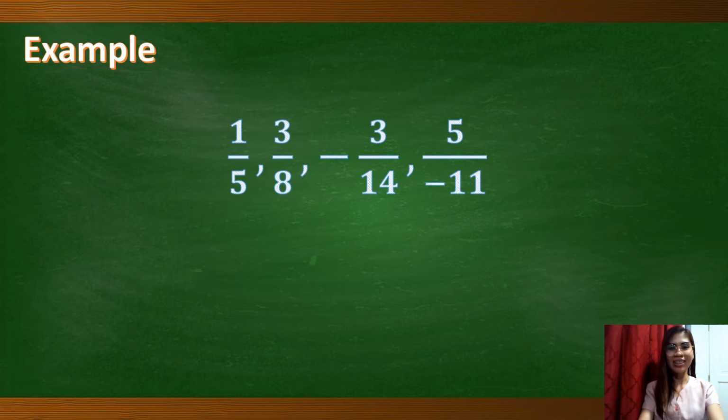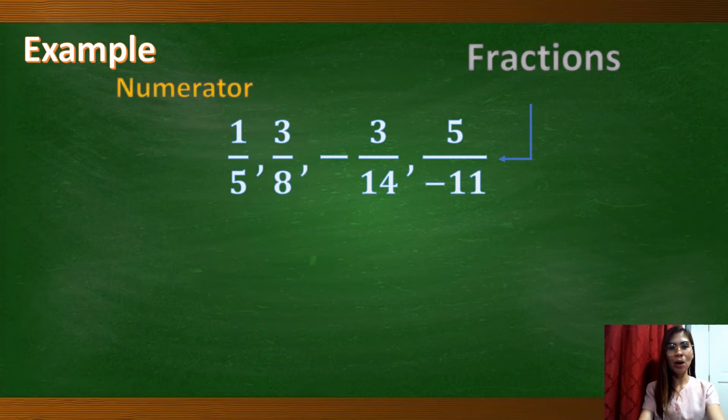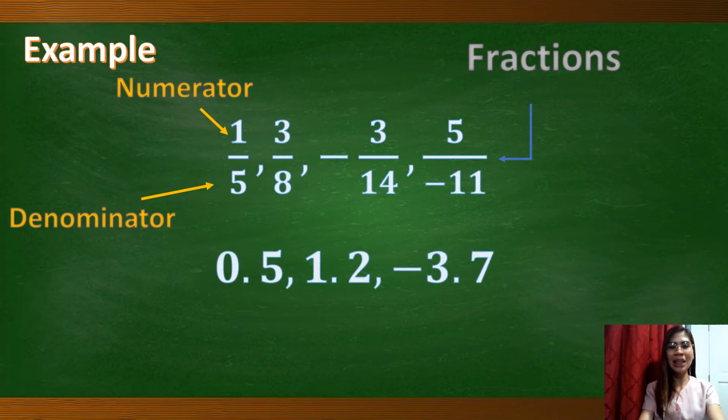If you notice, these numbers are also familiar to us already. We call these numbers fractions, where the upper part number is called the numerator and the lower part number is called the denominator. Therefore, fractions are examples of rational numbers. Let me give you another example. I have here 0.5, 1.2, and negative 3.7.